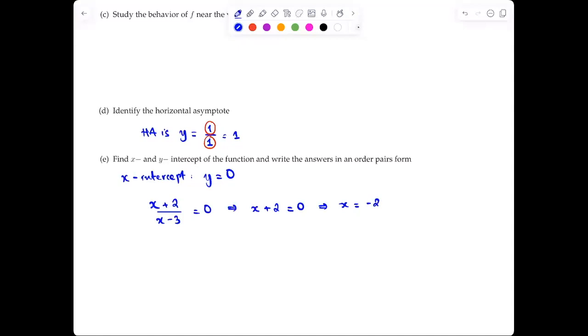Because when you find the domain of the function, you already exclude x equal to 3. So the only thing that we need to carry is the numerator. You okay with that? Good. So the x-intercept is -2, 0.